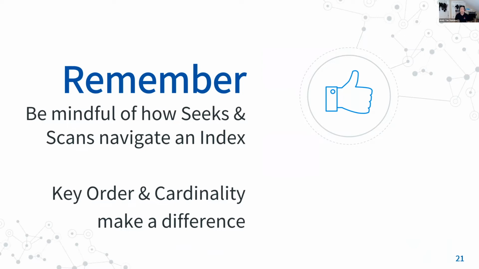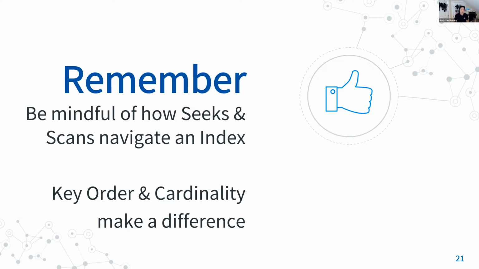And then, hopefully these couple of examples can give you the sense of how key order and cardinality can make a difference. Because if my index starts with something that only has maybe 3 unique values across millions of records, then it only cuts the index by maybe a third at best, right? I'm not narrowing things down on a very effective basis. So that's a low cardinality leading key, for example.